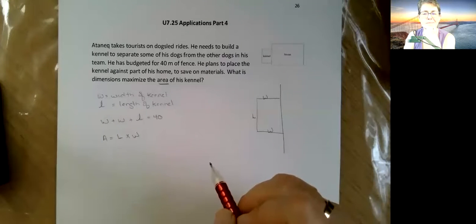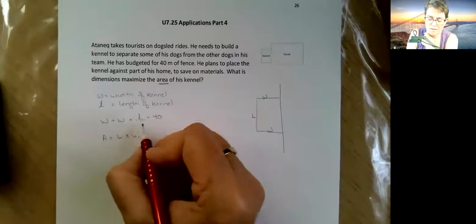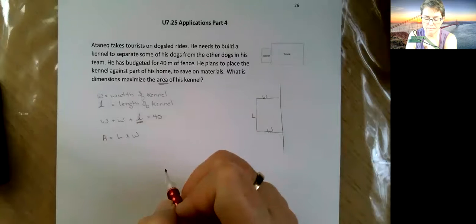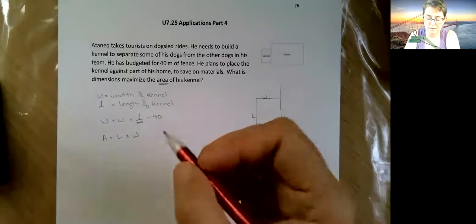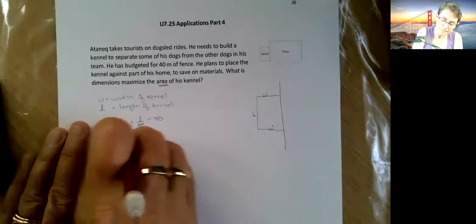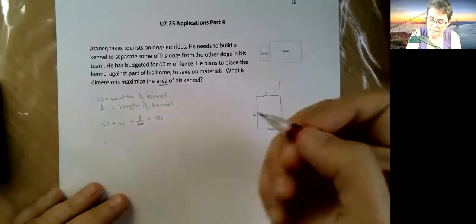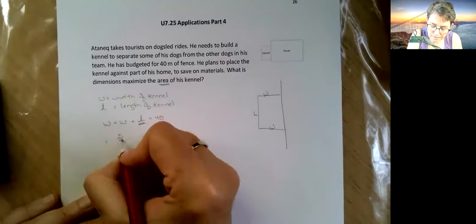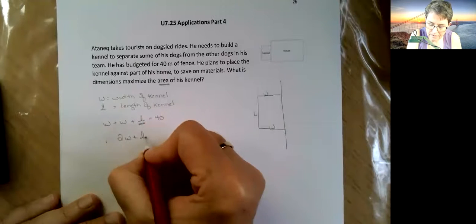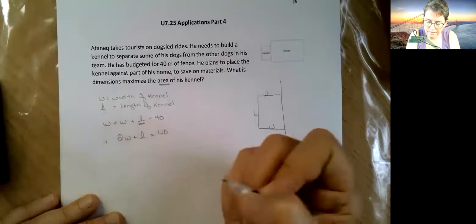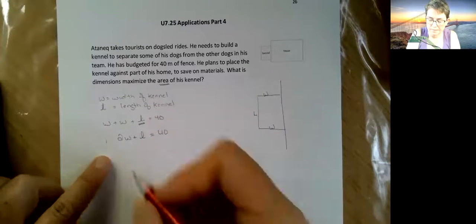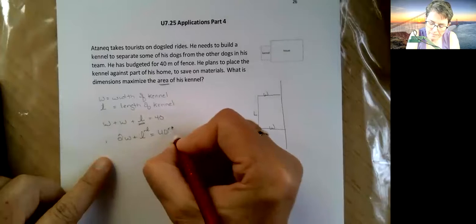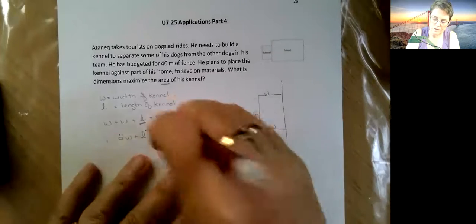How do I explain that? I think I'm going to solve for L. I'm going to make L in terms of W. W plus W is 2W plus L is equal to 40.